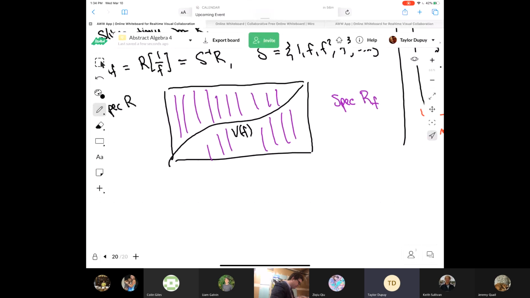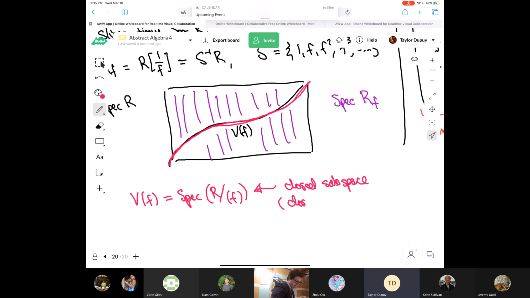In an exercise before, this V(f) piece here can be identified with Spec of R mod f. And this is a closed subspace, and later in life you learn that it's a closed subscheme.